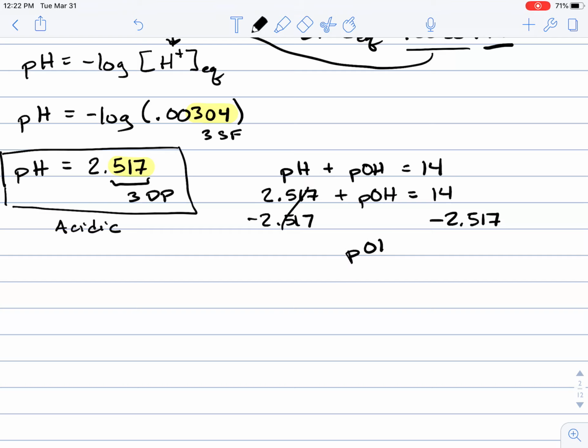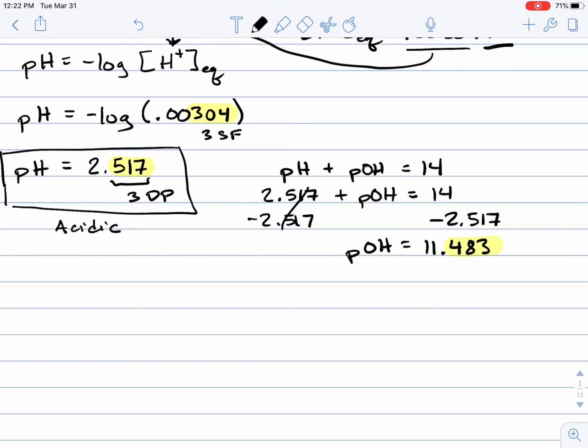And therefore my pOH is going to be 11.483. Once again, you don't want to lose the number of decimal places. We want to be precise with our values.